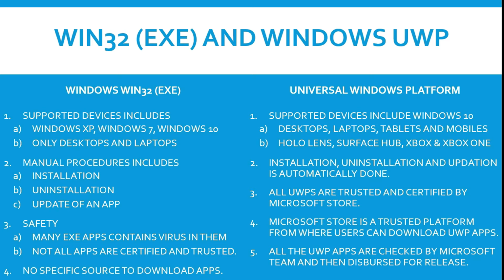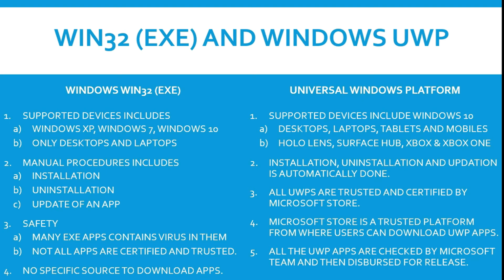Next problem: not all apps are certified and trusted. Yeah, we know that apps of Wondershare, Adobe, Microsoft were cracked and sold on Telegram. They were sold on some other websites, so they contained viruses. So all the apps were certified, but their cracked versions also came, and there were many things which cast a question on the certification and trustworthiness of exe apps.